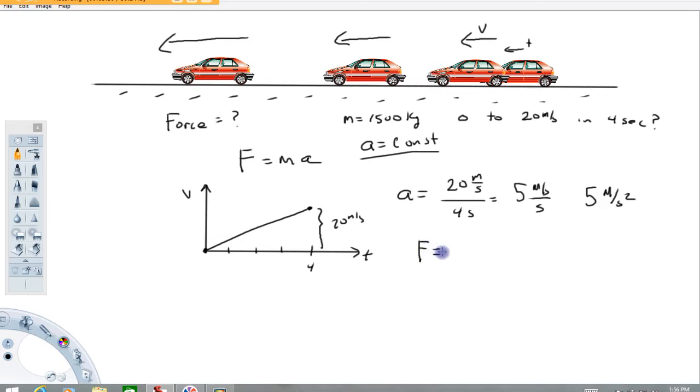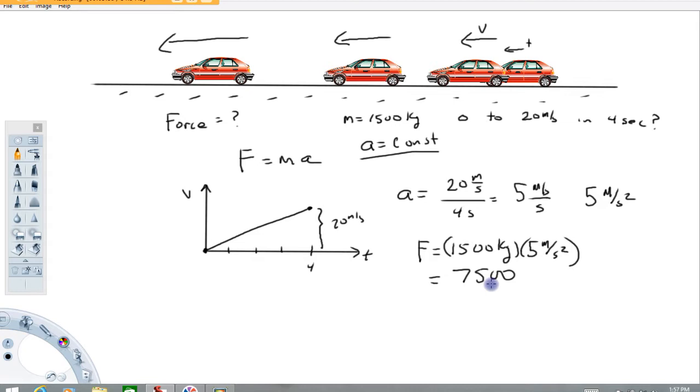By Newton's second law, the net force is going to equal the mass of the car, 1,500 kilograms, times the acceleration of the car, 5 meter per second per second or 5 meter per second squared, either one. If we multiply this out, I think we're going to get 7,500. Now let's chat units. If you remember that force is measured in newtons, that's perfectly fine.